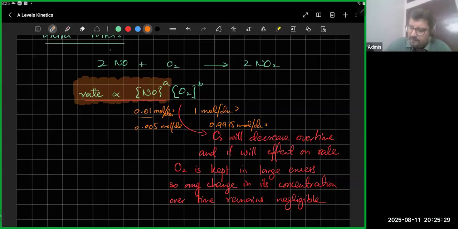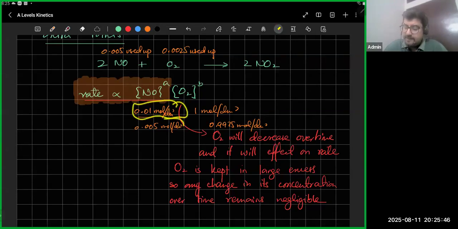If 0.005 is used up, how much O2 would be used up? 0.0025. So 0.01 में से if 0.005 got used up, you're left with 0.005.